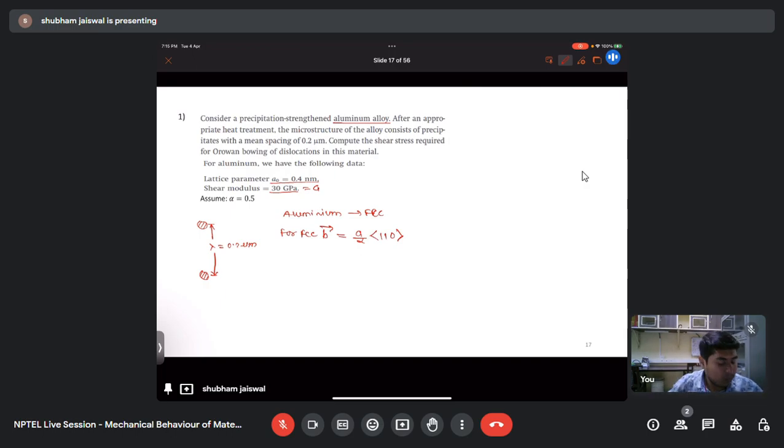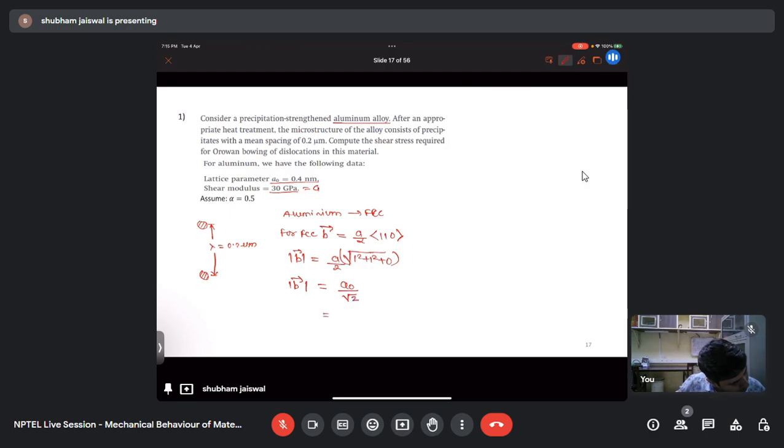So if you calculate the magnitude, a by 2 root of 1 square plus 1 square plus 0, so we'll get the Burgers vector as a naught by root 2.